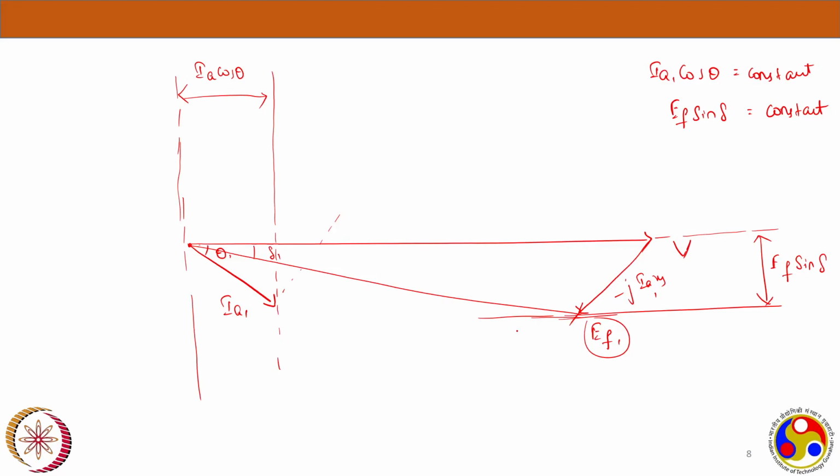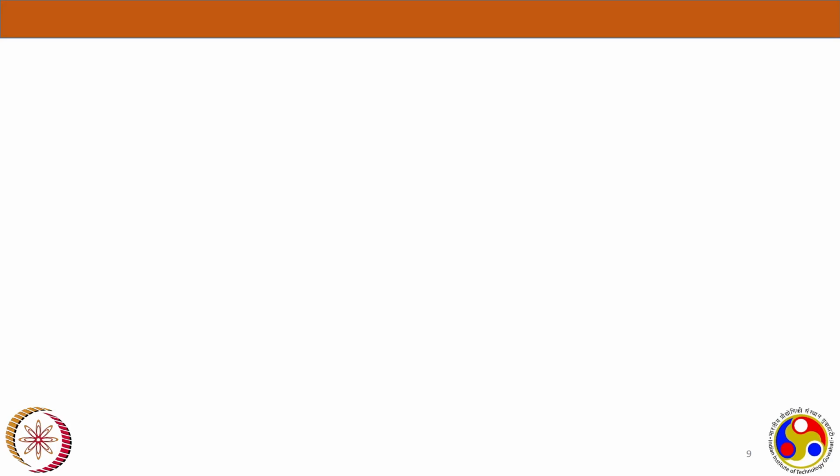So we have both the loci, and we will vary the field current. So the operating points we got here in case one are IA1, theta 1, delta 1, EF1, and V.